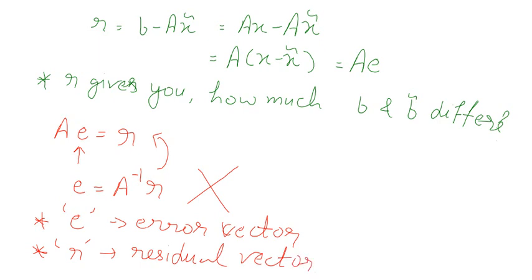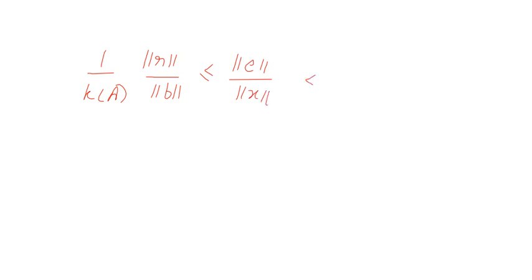They are related with the bound: 1 by k of A times norm of R by norm of B is less than or equal to norm of E by norm of X, which is less than or equal to k of A times norm of R divided by norm of B. So if the condition number is large, then the error term can be large.